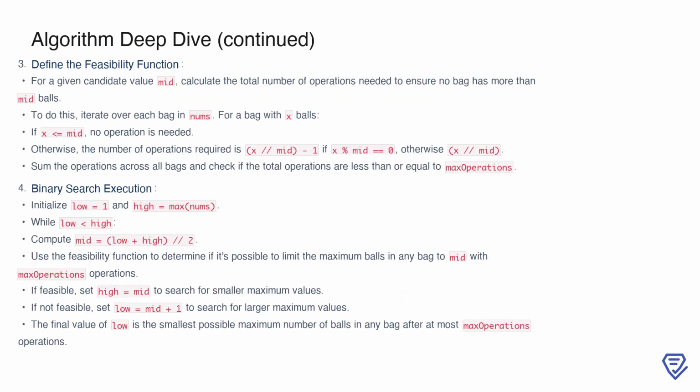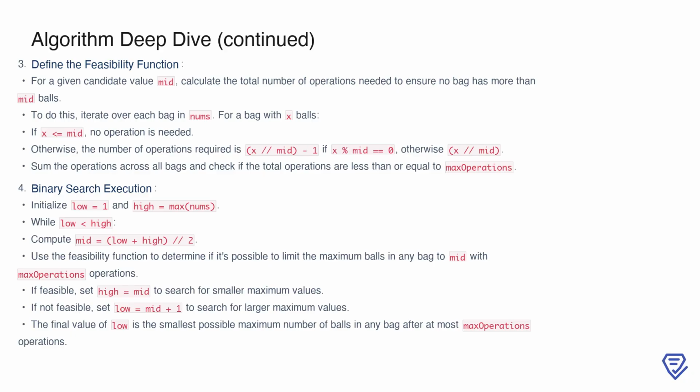To implement this approach, we define a feasibility function that checks whether it's possible to ensure no bag exceeds a given maximum value mid after performing at most max operations. For a given value of mid, we calculate the total number of operations required. To do this, we iterate over each bag in the nums array. If a bag already has x balls less than or equal to mid, no operation is needed.